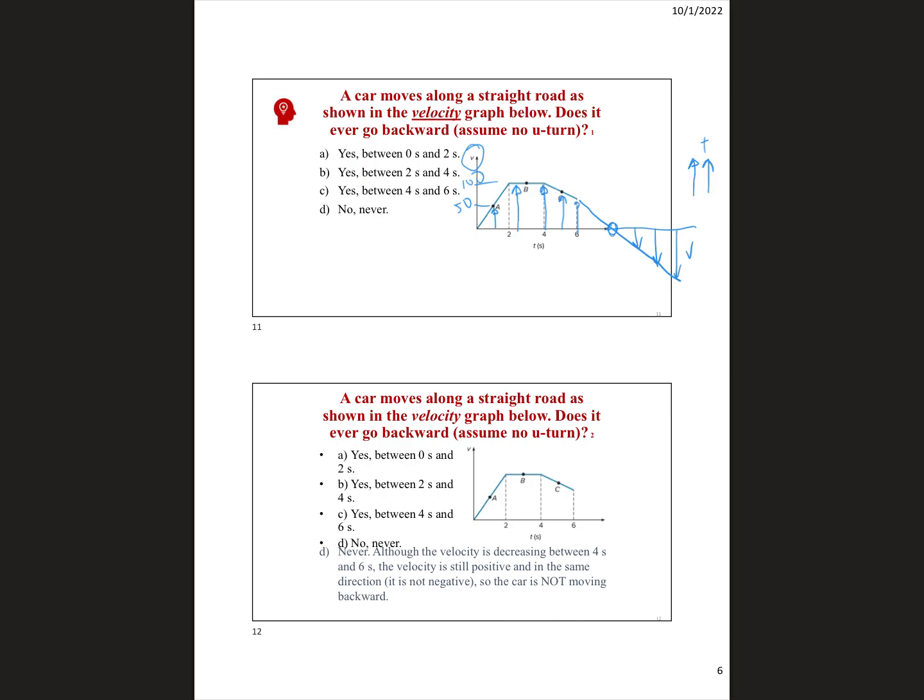This will mean that after this time, maybe 8 seconds, you are coming back. But on the graph shown, let's erase the graph. On the graph shown, there is no turning back point. So let's go to the next question.